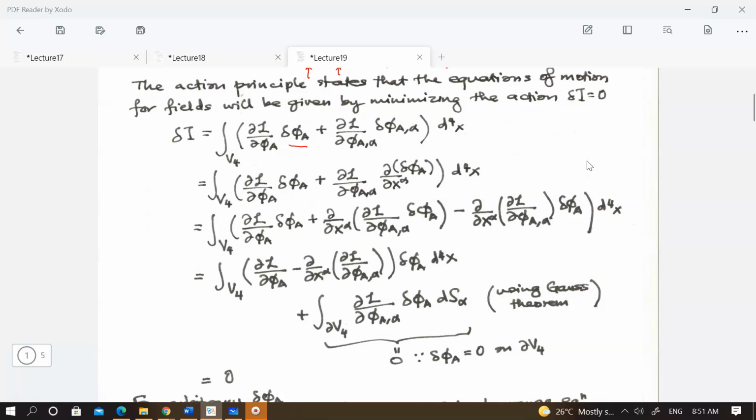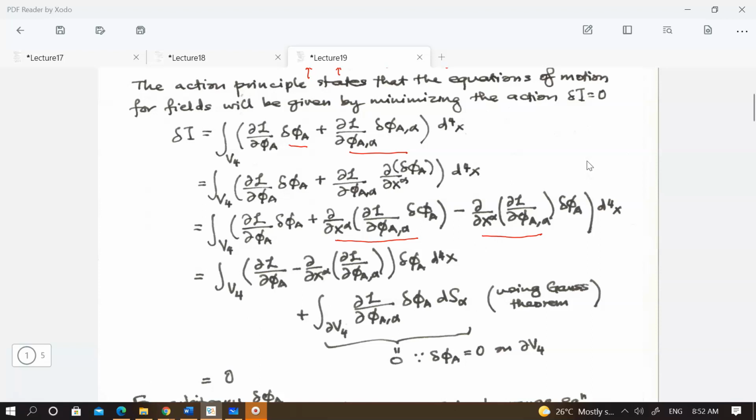So what do we do in this particular case? We take the integration by parts for this one, so that you have a total derivative over here minus your derivative. Now, rather than acting on your variation of your fields, it will now act on this partial derivative. This one is now a total derivative in four dimensions.